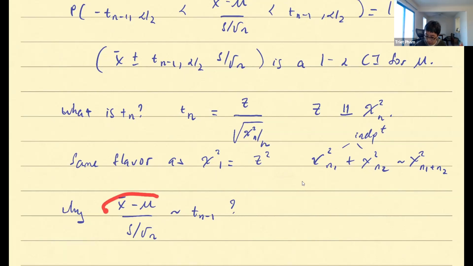Is this standard normal? Don't be too quick. Is it? What distribution is this? Well, let me ask you this. What's the variance of this? Yeah, of just the numerator.